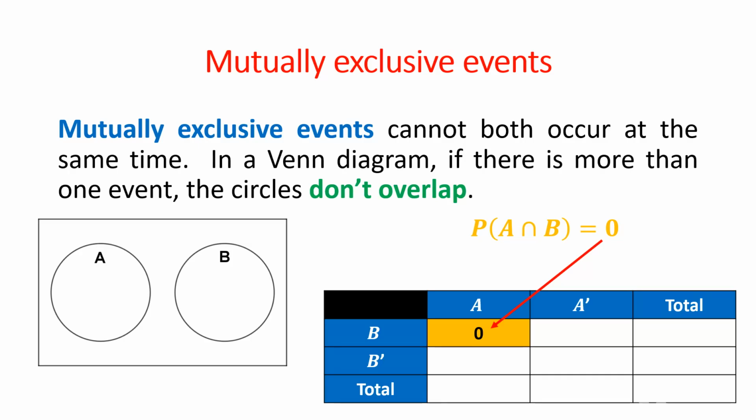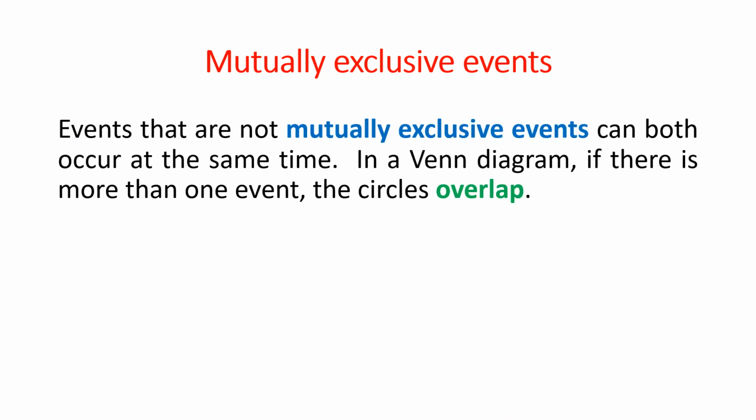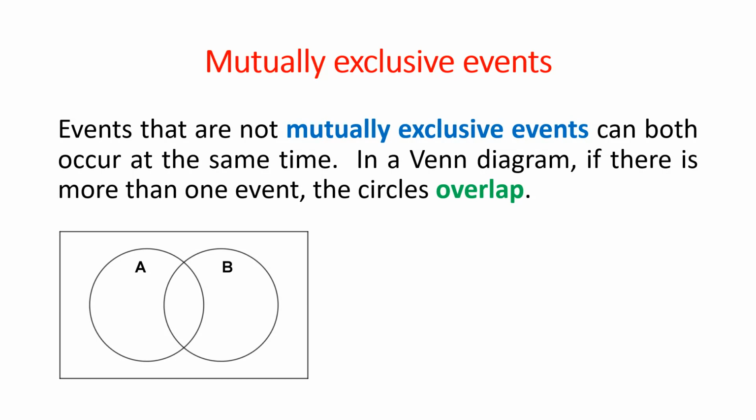Now, in 3a, we talked about mutually exclusive events which cannot both occur at the same time. In a Venn diagram, if there's more than one event, the circles don't overlap, and so the probability of A intersect B is 0. Now, events that are not mutually exclusive can both occur at the same time. In a Venn diagram, the circles do overlap.